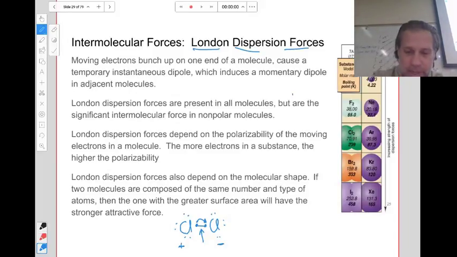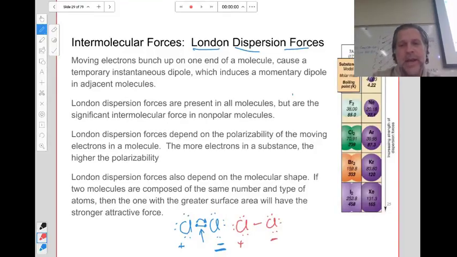But if I happen to have a second chlorine molecule over here, where the electrons happen to be shared equally at that point in time, when this side becomes slightly negative, it automatically forces this side of the other chlorine to become slightly positive. And as a result, this side becomes slightly negative. So it's almost like a domino effect.